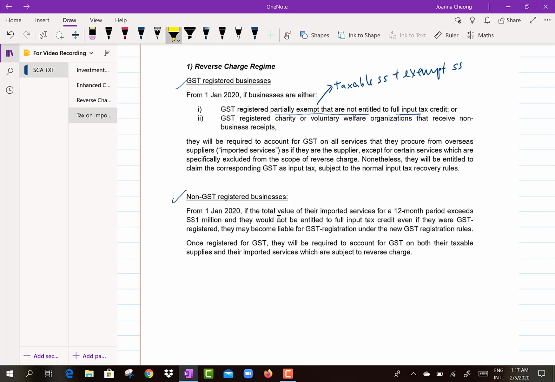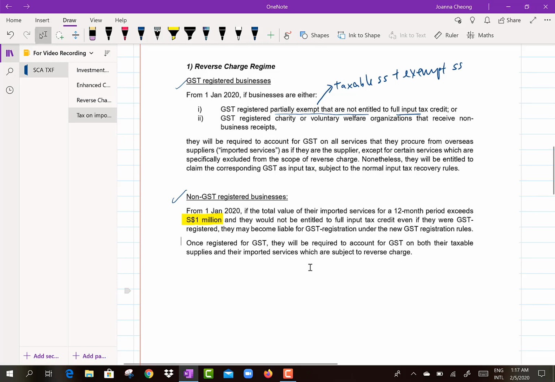Even if they are not entitled to fully claim the input tax, they will be liable to be registered for GST for this purpose and apply the reverse charge regime. But of course, if they want to claim back GST on those digital goods that they buy from overseas, they will be allowed to do so if all the conditions are met.